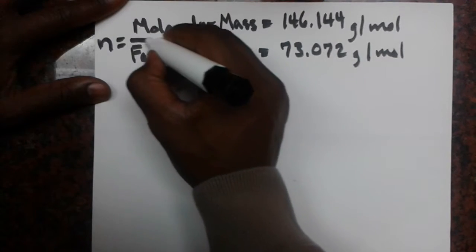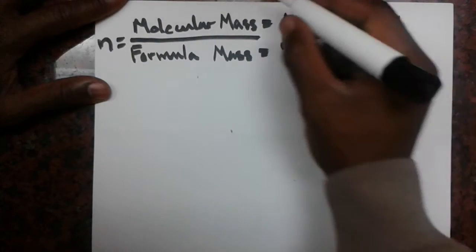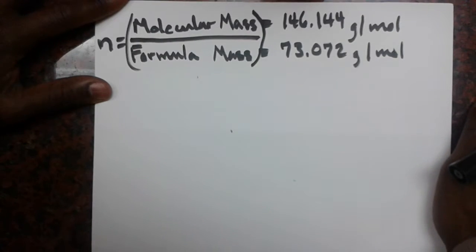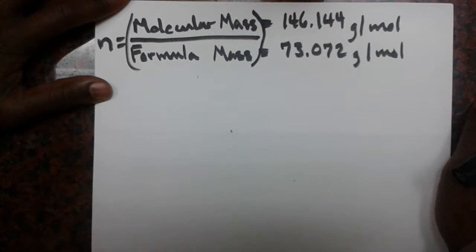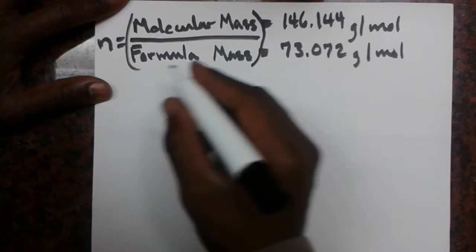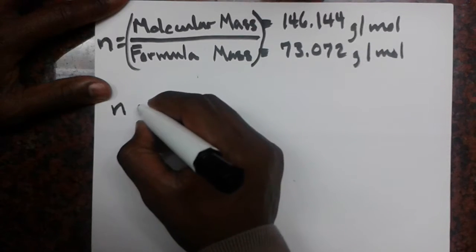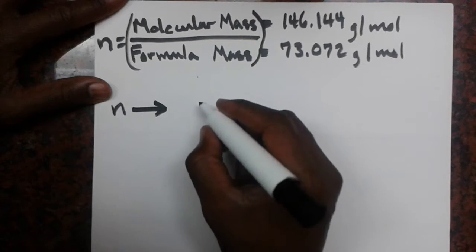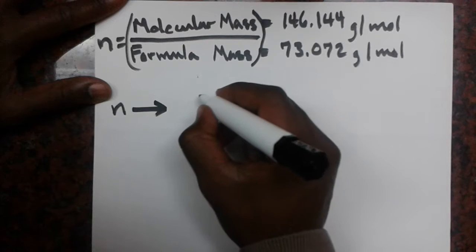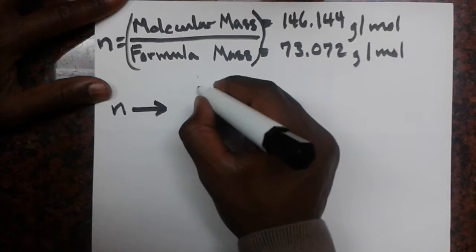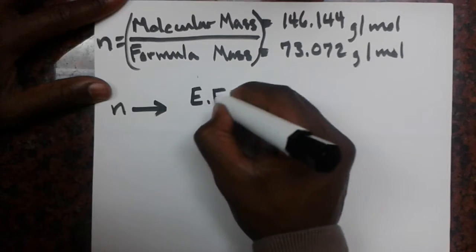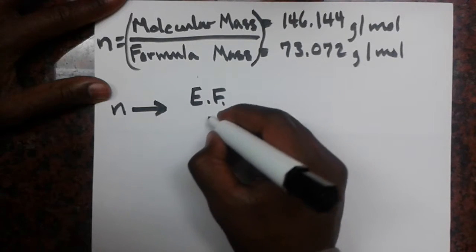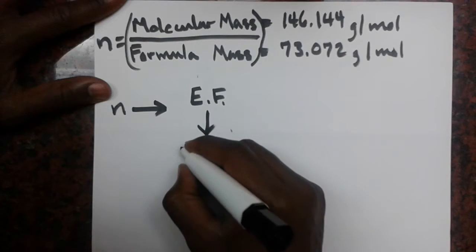where N equals molecular mass divided by formula mass. And by solving for N, we can redistribute this N such that we take the empirical formula, and by redistributing the N, we convert to the molecular formula.